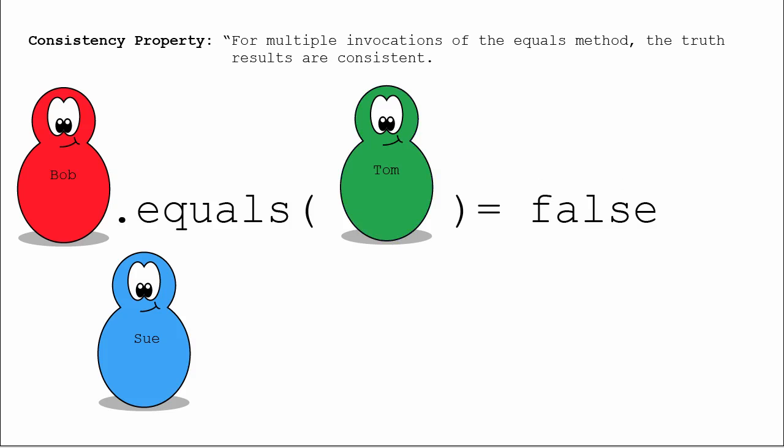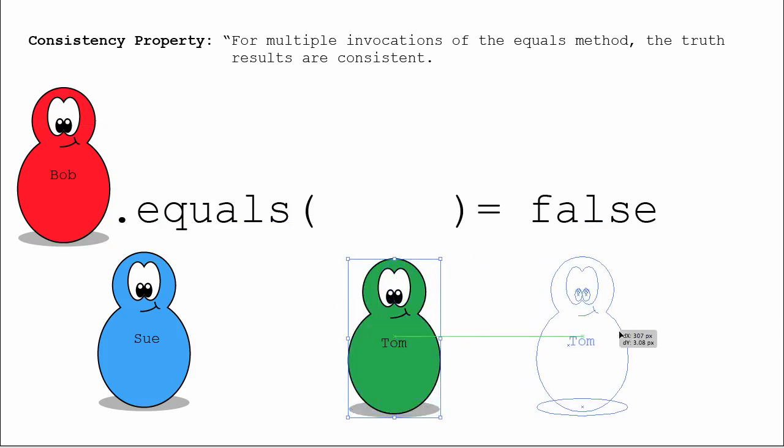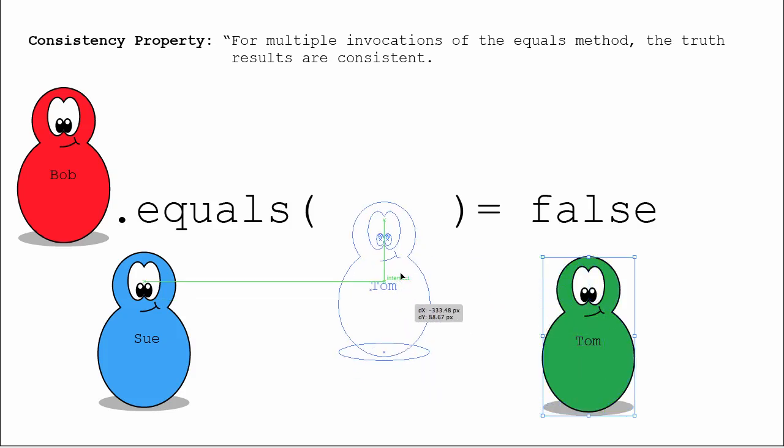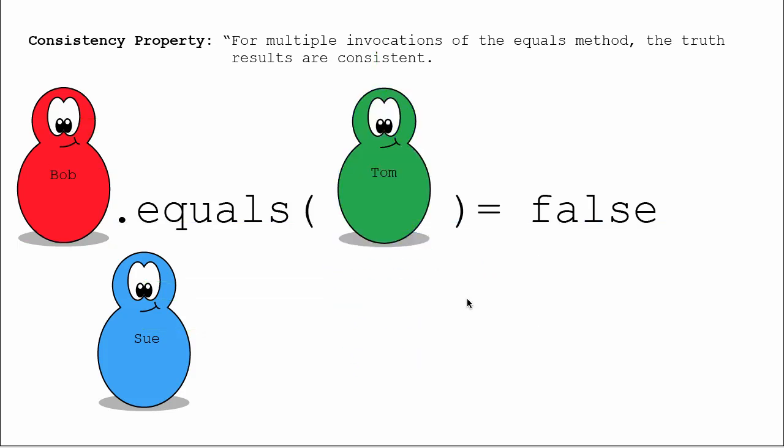We're assuming, of course, that when Tom goes along his merry way, the values that are located in object Tom are not modified. That is where the argument hinges. So if Tom goes along his merry way and then returns, and his values have not been modified, it should still continually be returning the value of true.